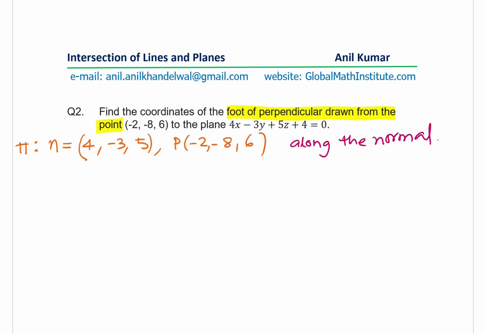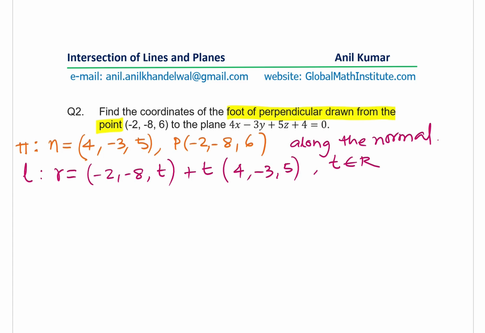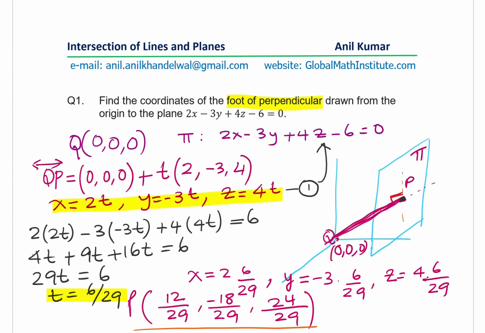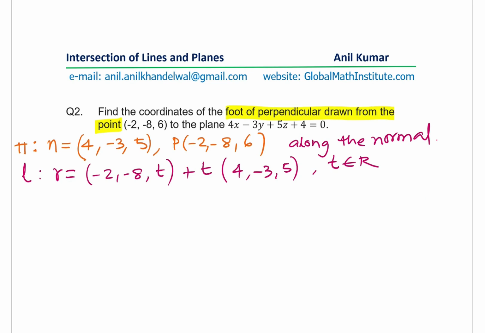So the line in this case, which we can say r, will be equal to the given point, which is minus 2, minus 8 and 6, plus t times the same direction as the normal, which is 4, minus 3, 5. And remember, t belongs to all real numbers, right? So in the previous case also, whenever we write equations like this, we should mention that t belongs to real numbers, right? Okay, so that becomes the line itself.